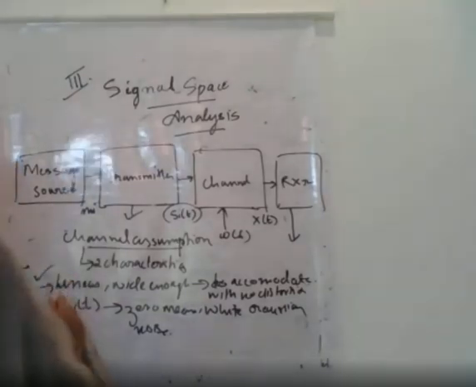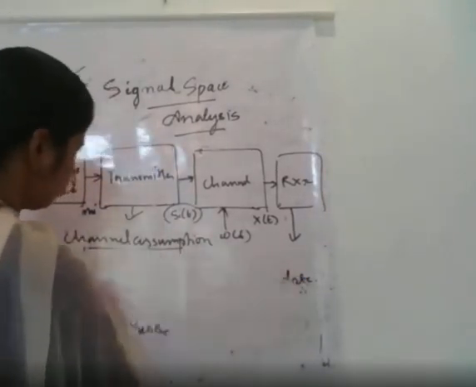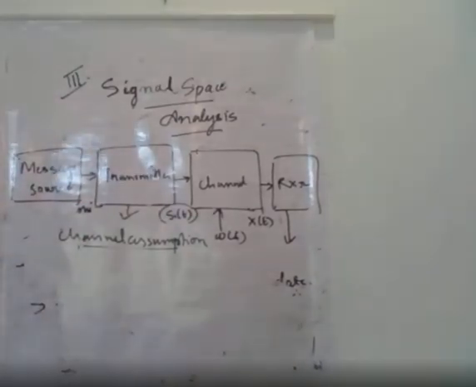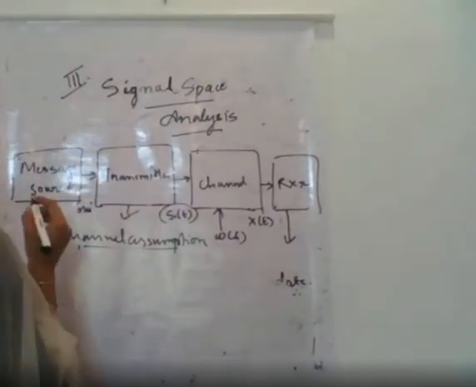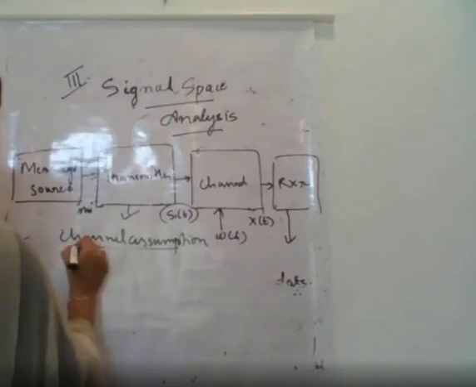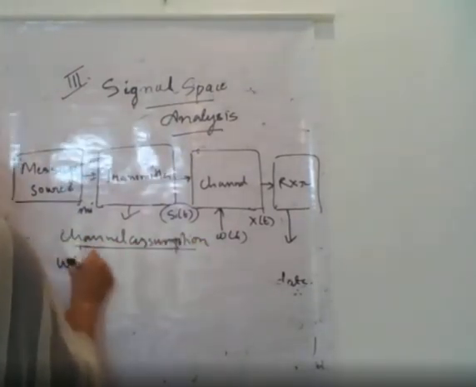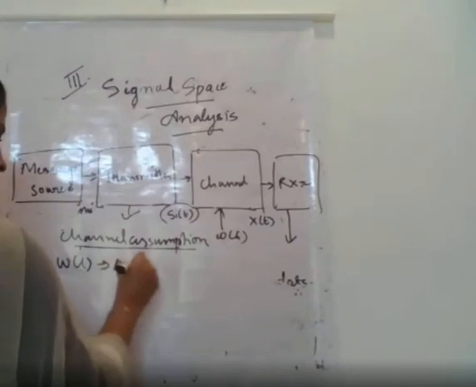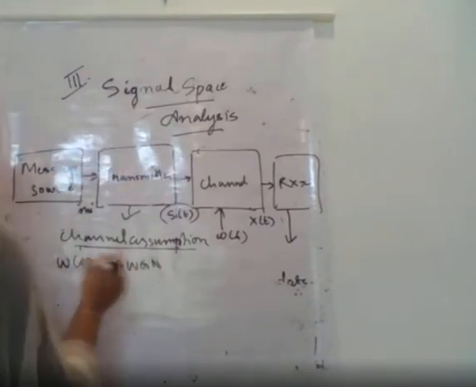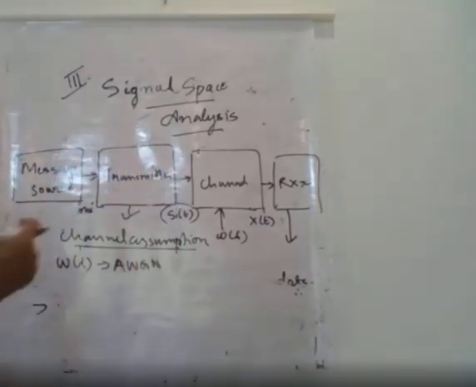So considering the channel as additive white Gaussian noise, we assume that the noise W of t is additive white Gaussian noise, as per the second characteristic of the channel.